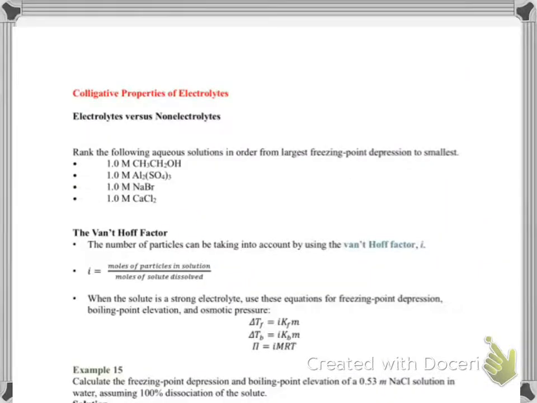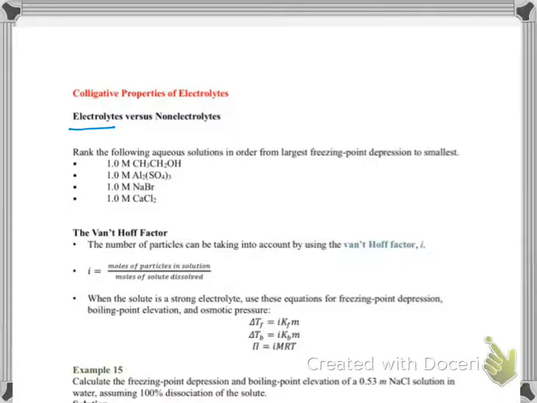So far we were discussing the colligative properties of non-electrolytes, meaning when you are adding a solute that is a non-electrolyte, it is not breaking down to produce any ions. But now we're going to study what if you are adding an electrolyte.